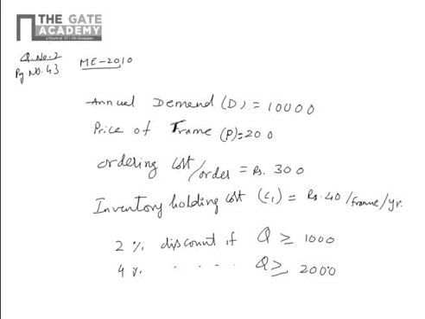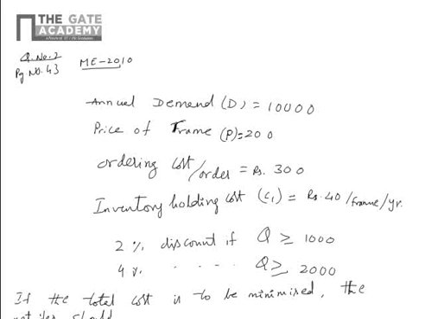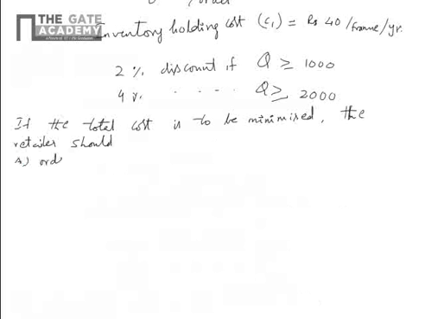If the total cost is to be minimized, the objective being minimization of cost, the retailer should: option A, order 200 frames per order.